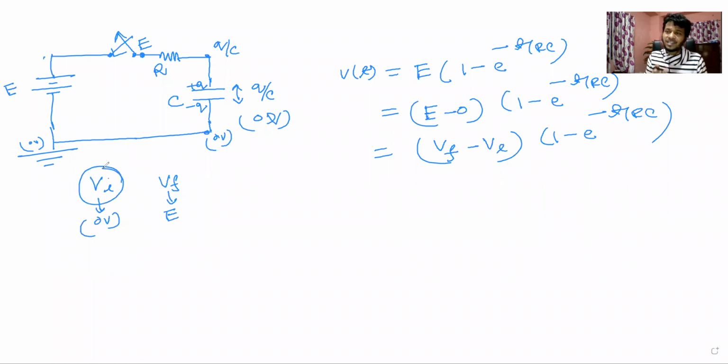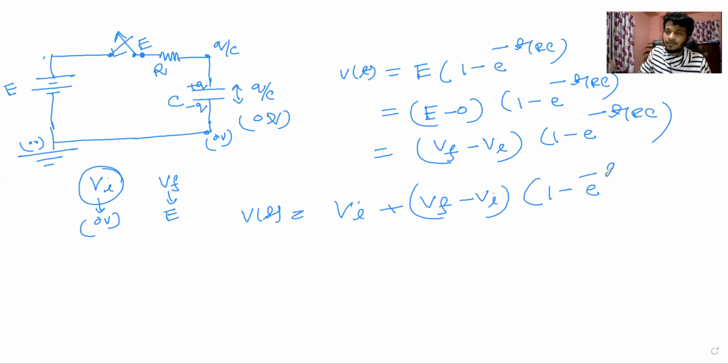Then at time t, what will be the total voltage across the capacitor? Vi plus the gain, Vf minus Vi. So it is Vi plus (Vf minus Vi)(1 minus e to the power minus t by RC), isn't it? Look, this is the gained voltage, and this is the total voltage.